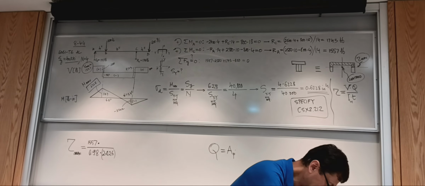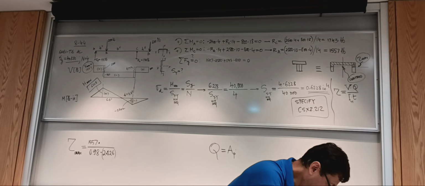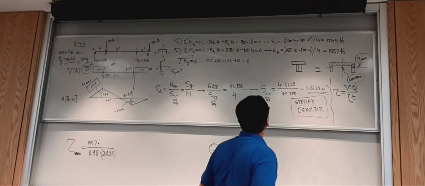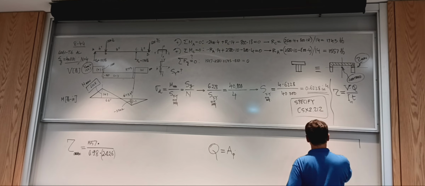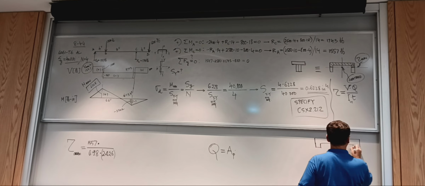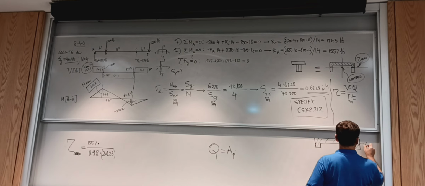So we have rectangles. It depends on how we divide it. So I'm redoing this figure. Again, this is the above area, A_p.